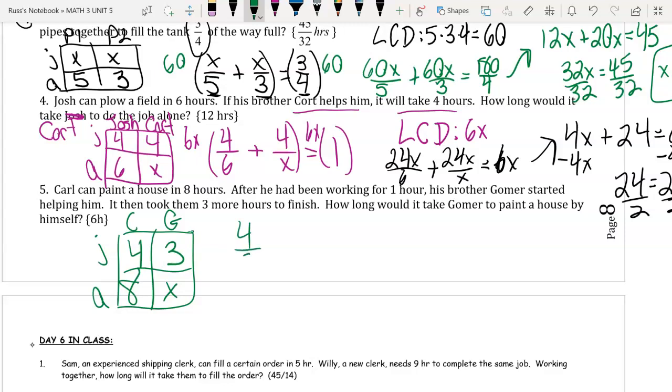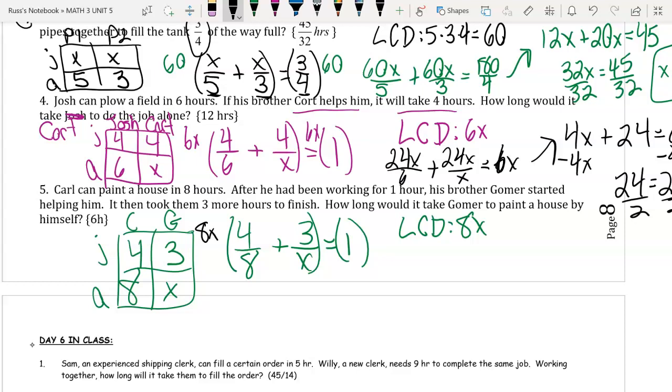So let's see. 4 over 8 plus 3 over x equals 1 job. Well, the least common denominator is 8x. So I get 32x over 8 plus 24x over x equals 8x.